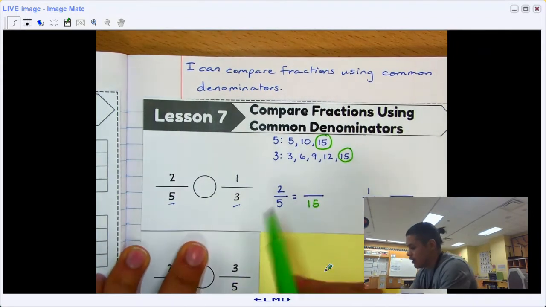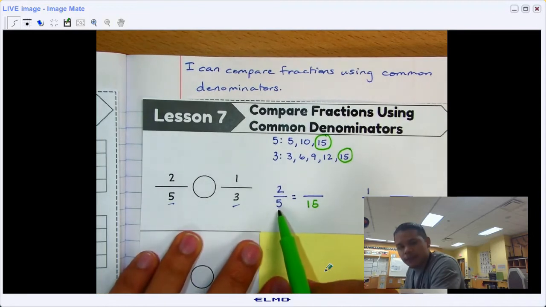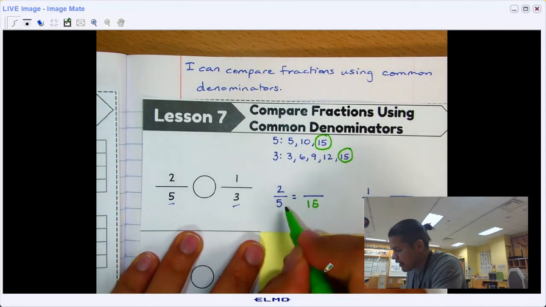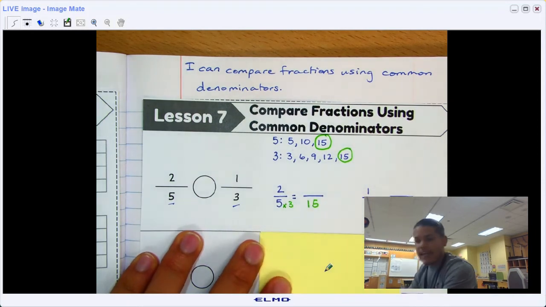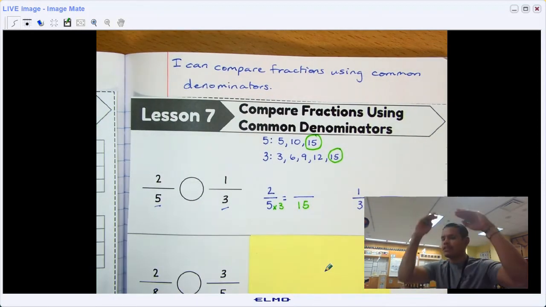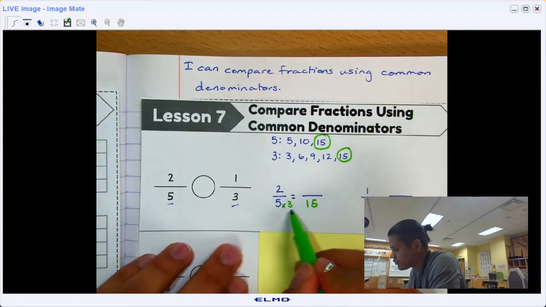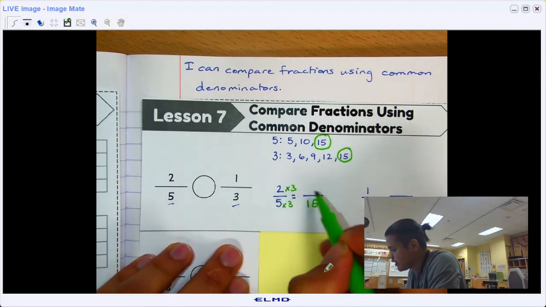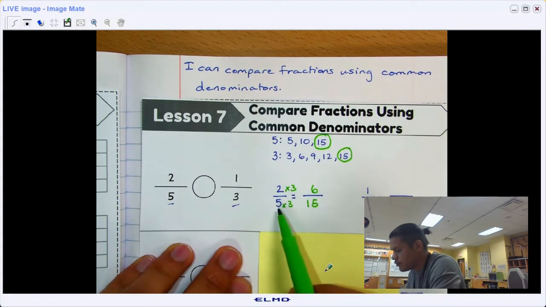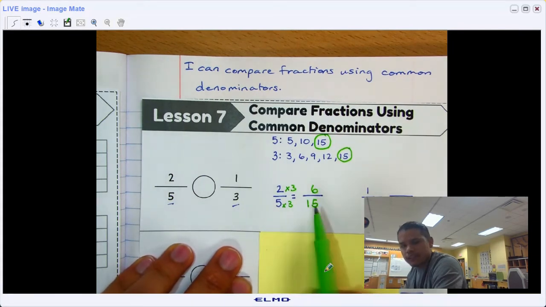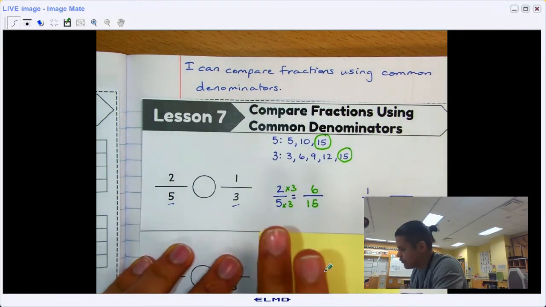Now, another thing, when you multiply 5 times some number to give you 15, 5 times 3 equals 15. Anything you do to the denominator, you must do to the numerator. Okay, so 5 times 3 is 15. 2 times 3 is 6. So 2/5 is equivalent to 6/15. That is an equivalent fraction.